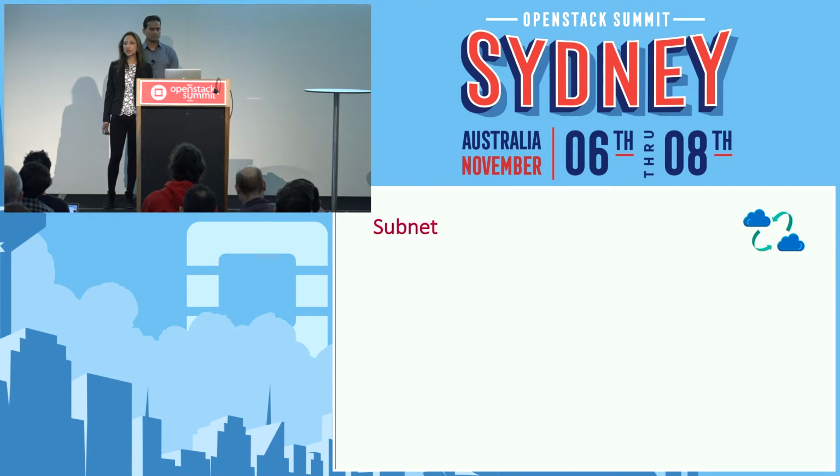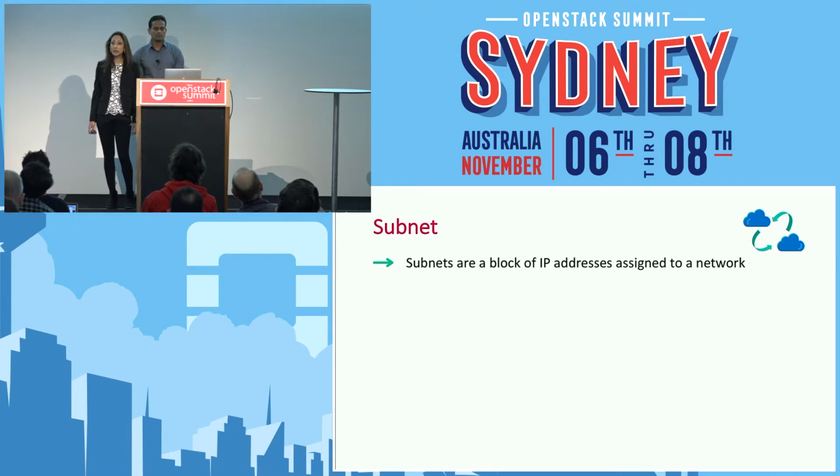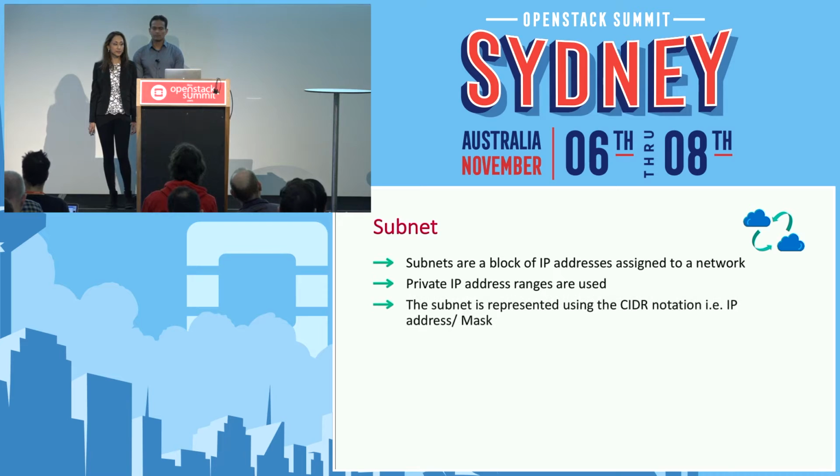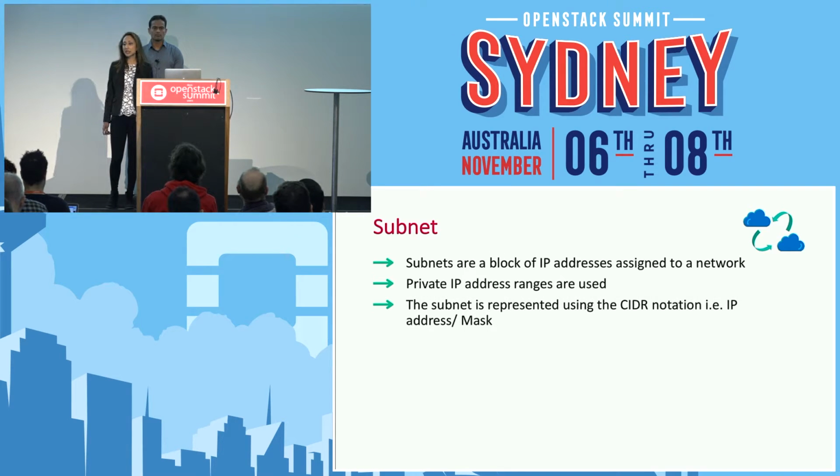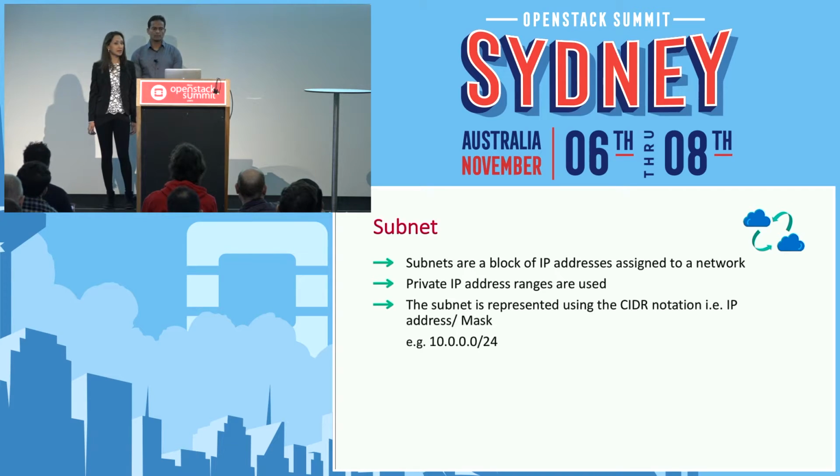Now we move on to looking at certain networking concepts and how they apply in Neutron. Subnets are a block of IP addresses that are assigned to a network. Private IP address ranges are used. The subnet is represented using the CIDR notation, that is the IP address, a slash followed by the mask. This is an example of a CIDR notation. You have the IP address.